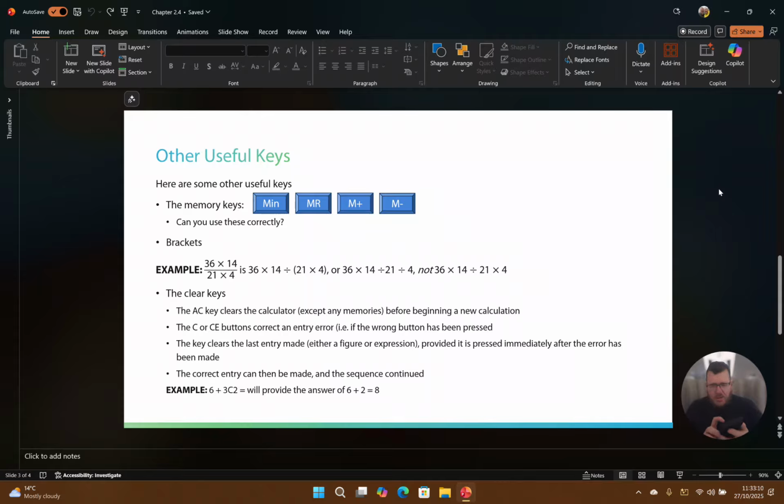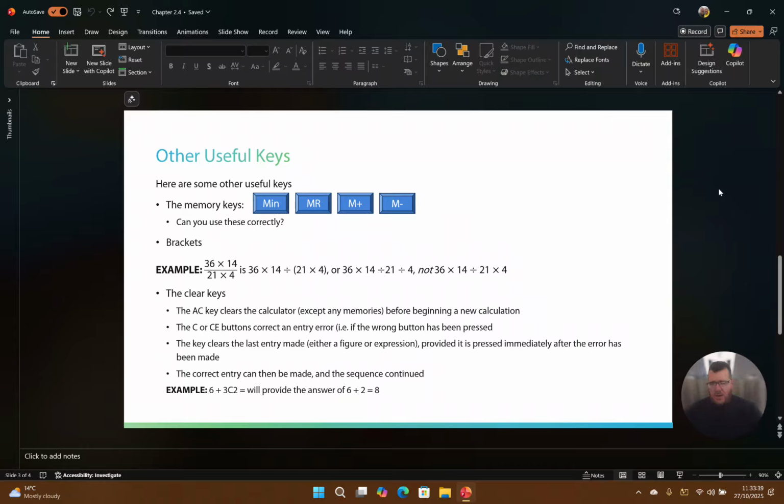But then I wanted to do 6 plus 2. So you could either use the backspace button on the calculator or the C, which will correct the error. And then you do all clear.